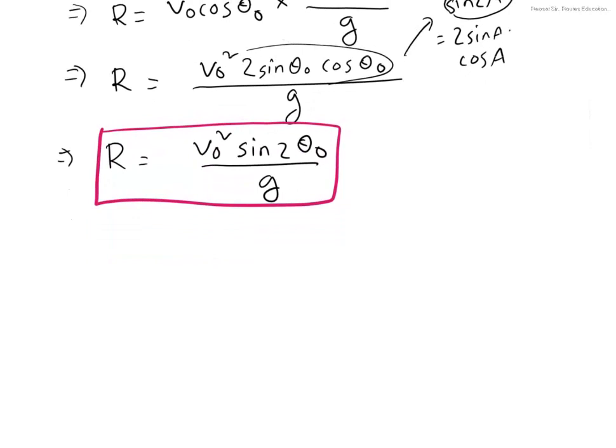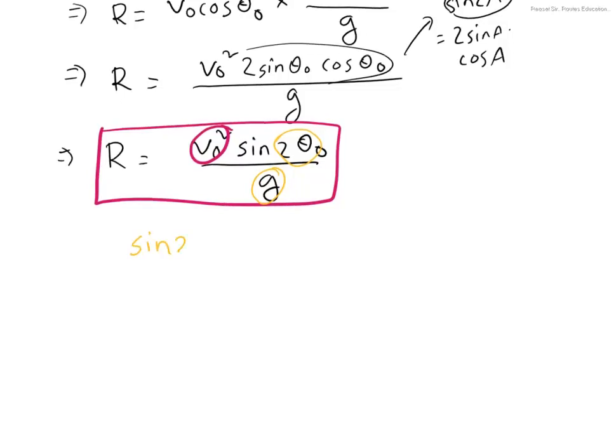Then what about finding the maximum range? How can we calculate the maximum range possible? Looking at this equation, R is a function of V naught squared, sin 2 theta naught and g, where V naught squared is a constant and g is also a constant. So the range depends entirely on the sine function.